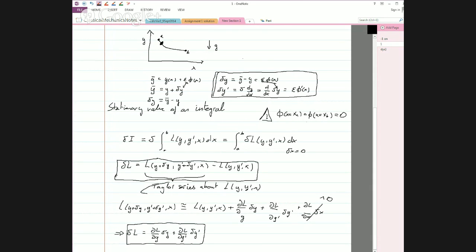And that's got to be 0. So the variation at the endpoints has to be 0.